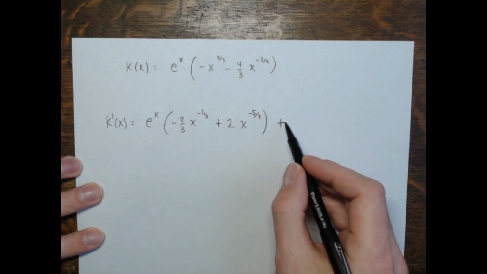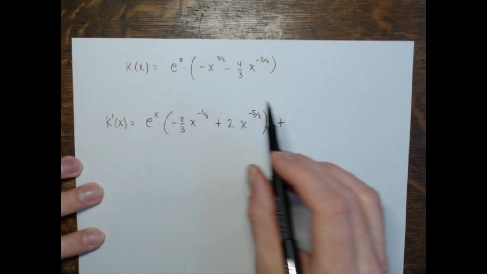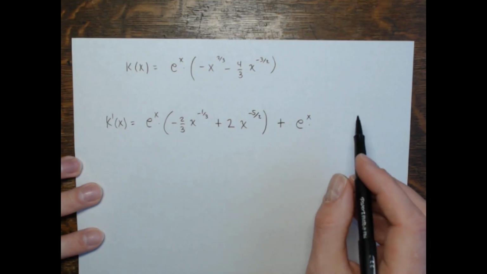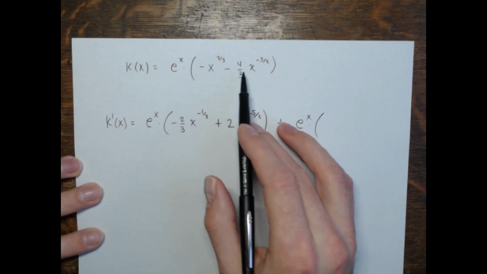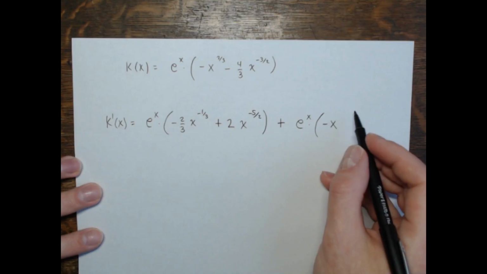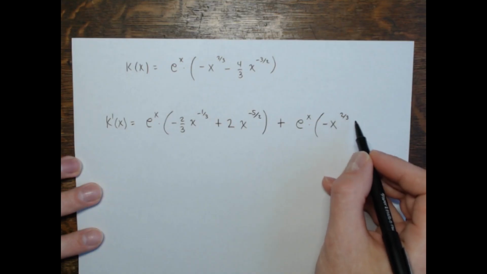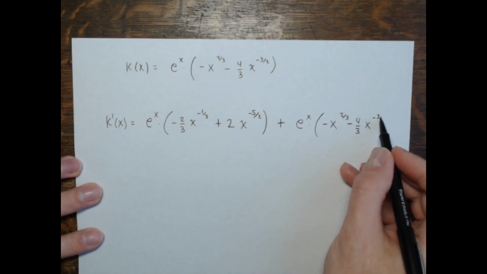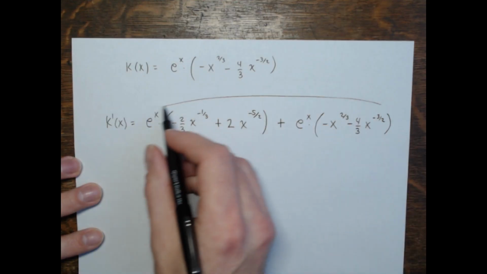All right, and then plus the derivative of the first, which is just e to the x again. The derivative of e to the x is e to the x. Times, and leave the second factor the way it was, this negative x to the 2/3 power, then minus 4/3 times x to the negative 3/2. And this is what I'm typing.